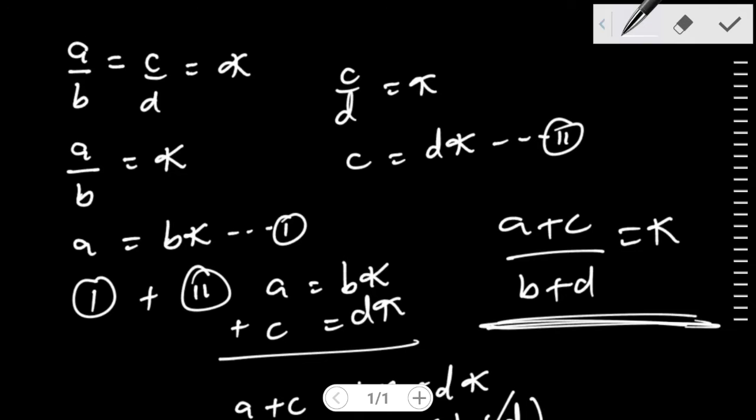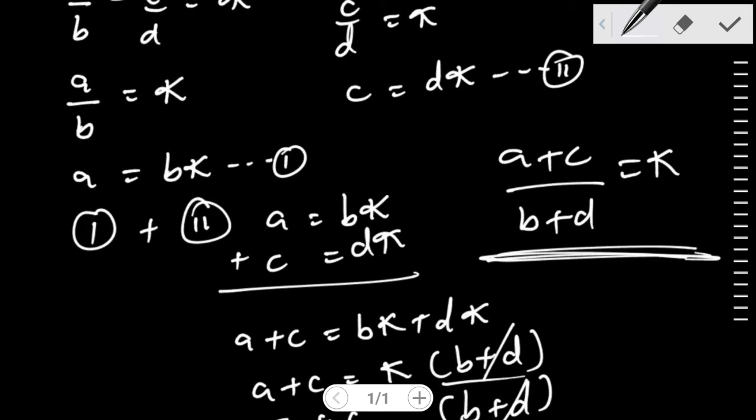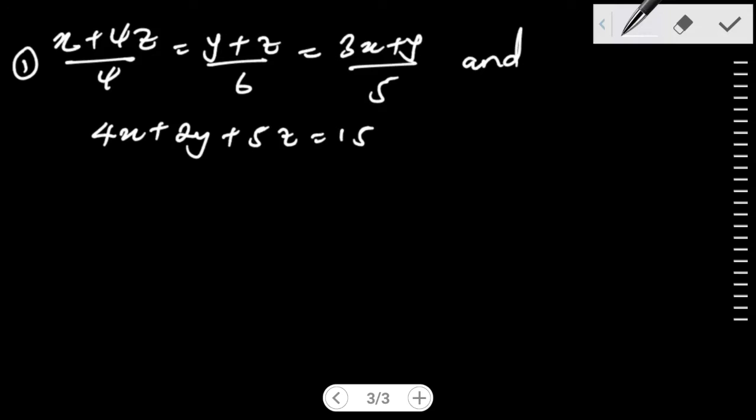So let's work out a combination of an equation of a plane and a Cartesian equation of a line simultaneously to get the values of the unknowns. Let's have our first example.